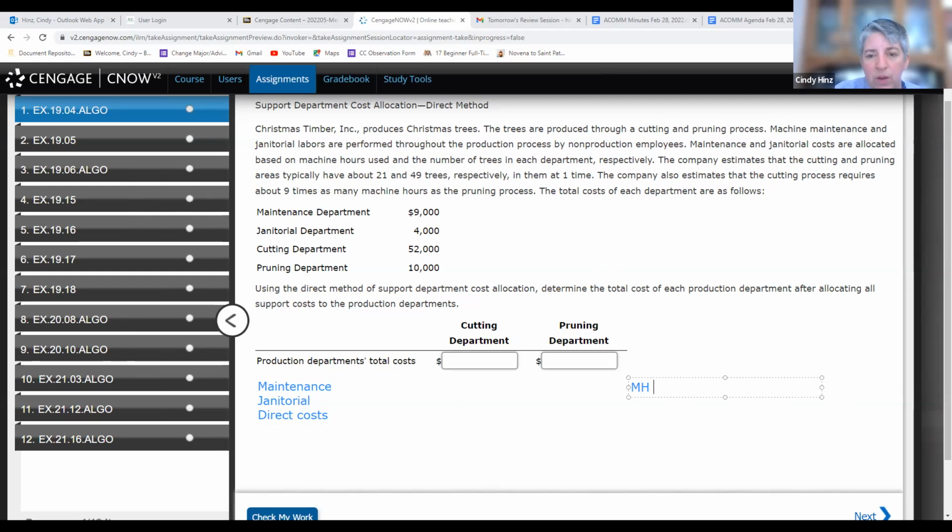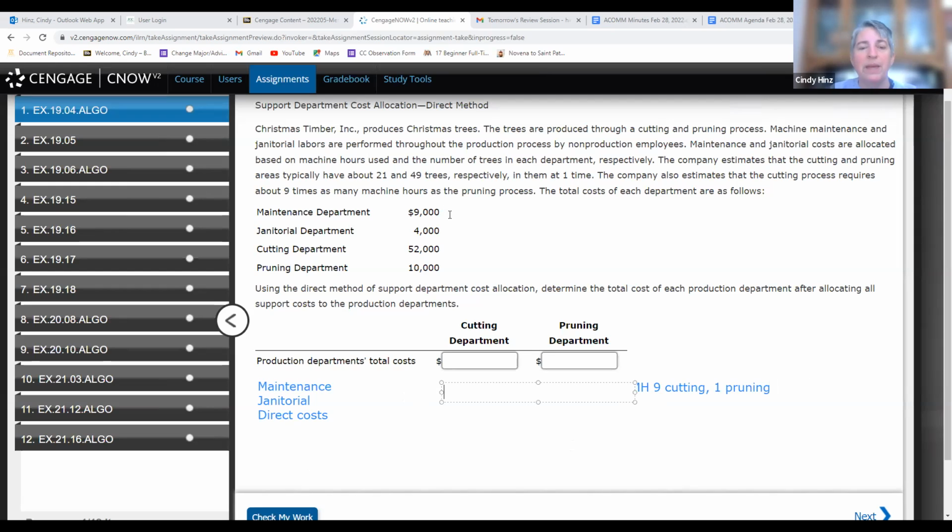So we know that cutting is going to get a weight or a factor of 9, and pruning is going to get a factor of 1. So of a total of 10 machine hours, 9/10 of that cost is going to go to the cutting department from maintenance.